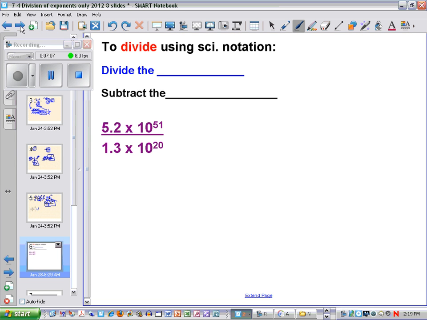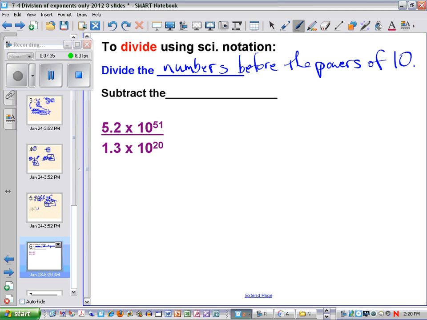Okay, so let's review our rules. So to divide using scientific notation, okay, we're going to divide the numbers before the powers of 10.